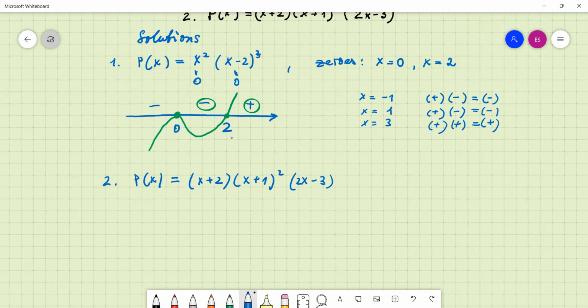So my first factor, x plus 2, is going to give solution -2. The second factor is x minus 1. And the third factor, 2x minus 3 equals 0, is going to give me a solution x equals 3 over 2. Not a very nice one, but still, why not?